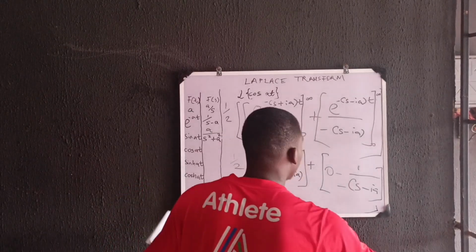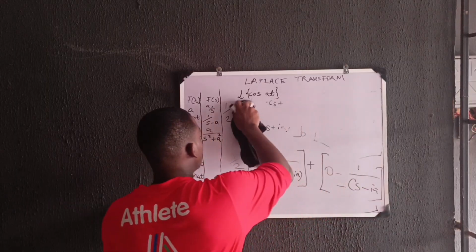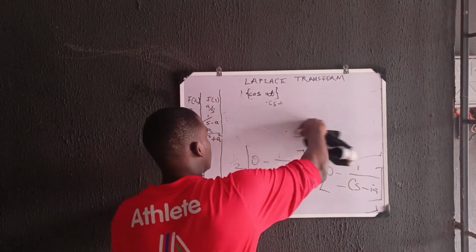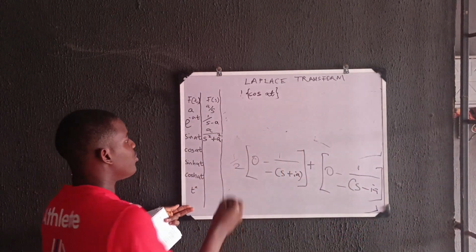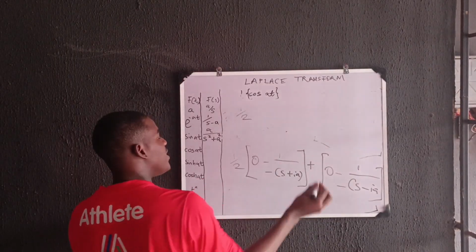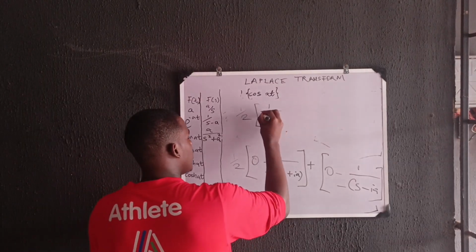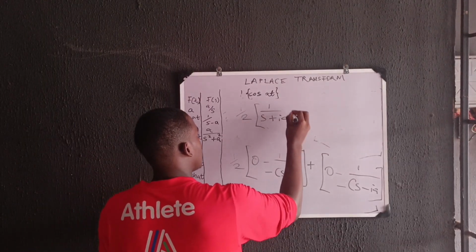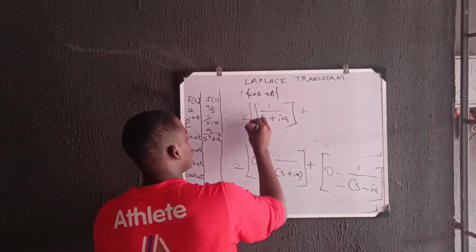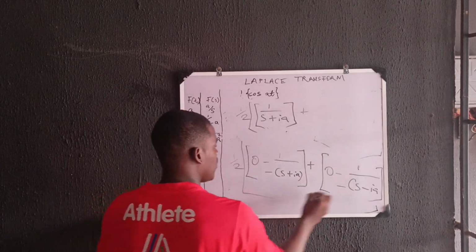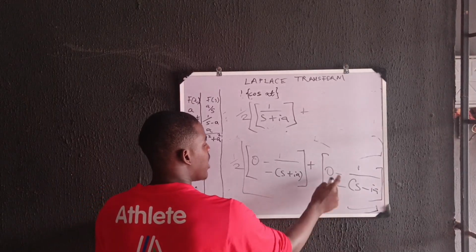So what is going to be the next thing to do? The next thing to do will be to say 1 over 2 sitting outside. We are then going to have inside the bracket 1 over S plus IA plus, minus is what?